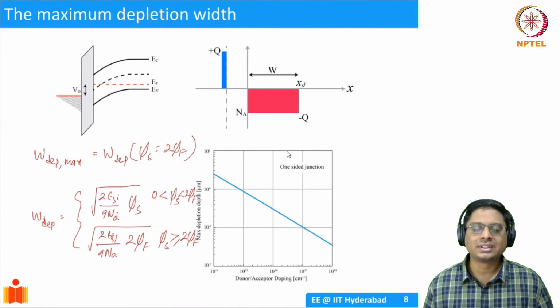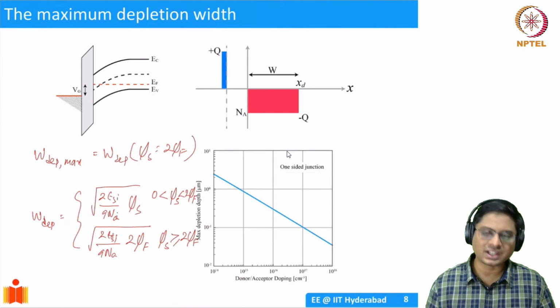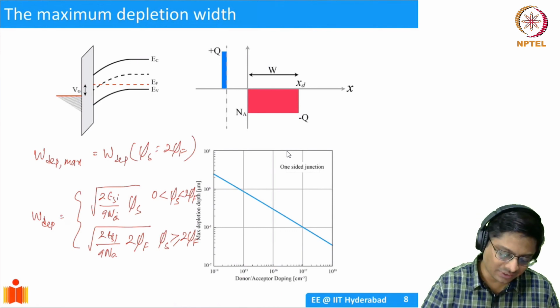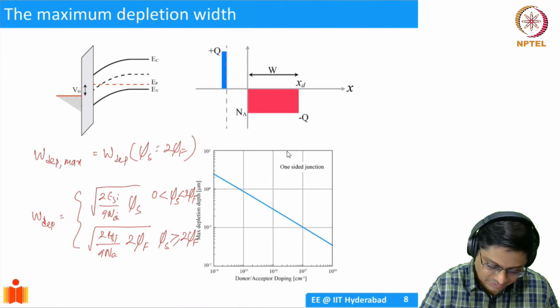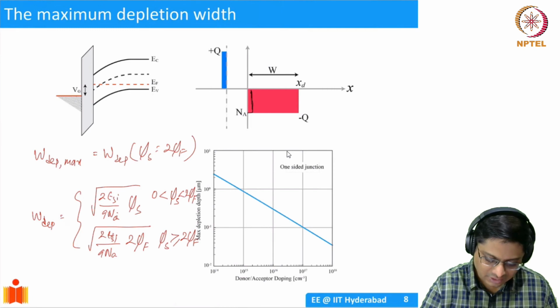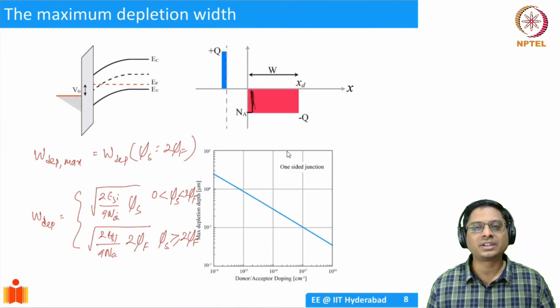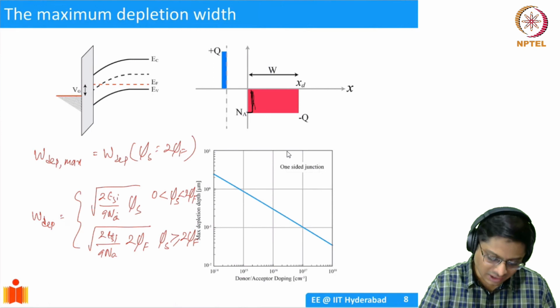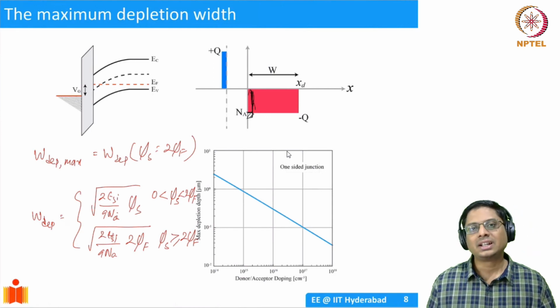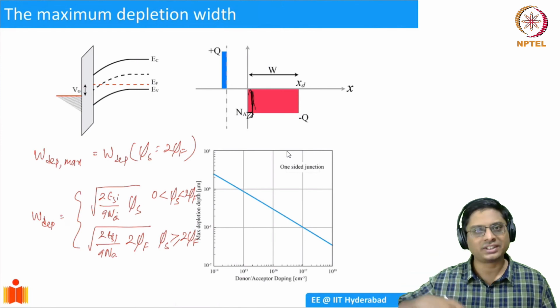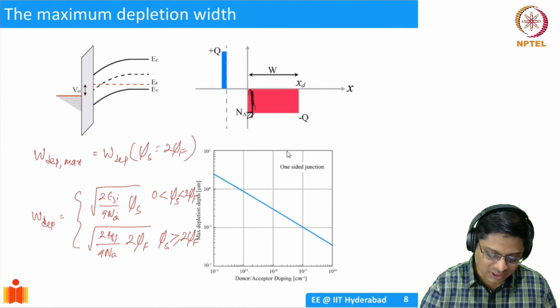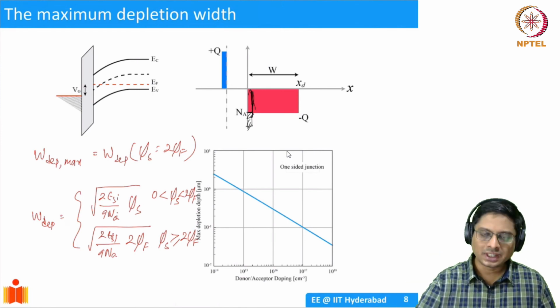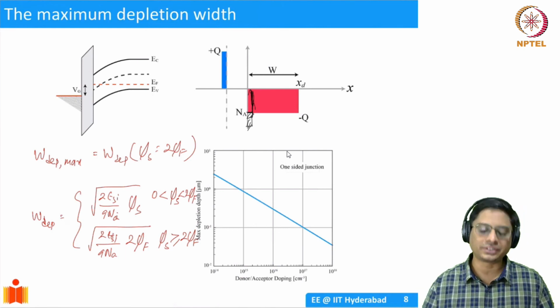And why does it make sense? Well, it makes sense because when you say that inversion has been reached, you essentially have these inversion charges appearing at the interface. Now, if you further increase the gate voltage, what happens to the inversion charge? It will quickly respond because this rises exponentially, right? We saw that in inversion, the charges increase exponentially. So as you keep increasing gate voltage, they respond, and the depletion width does not have to increase.